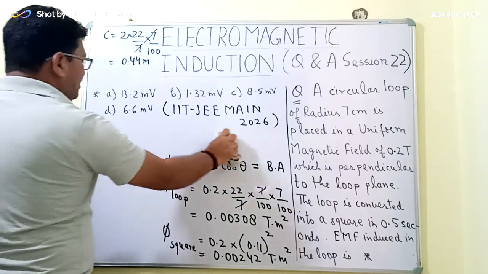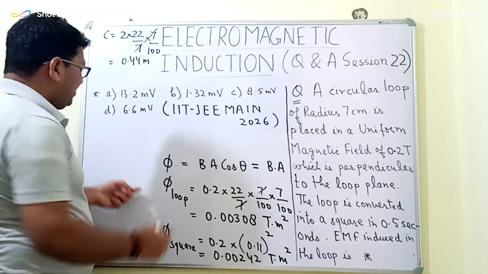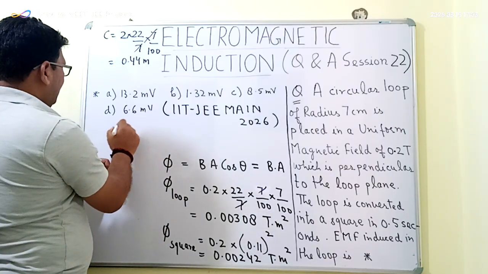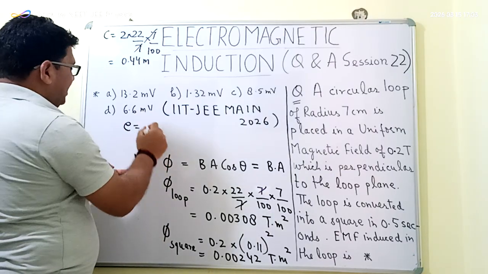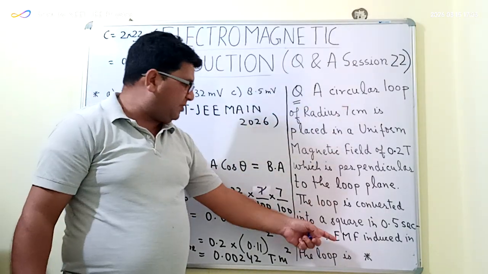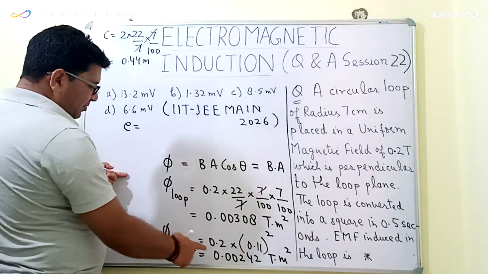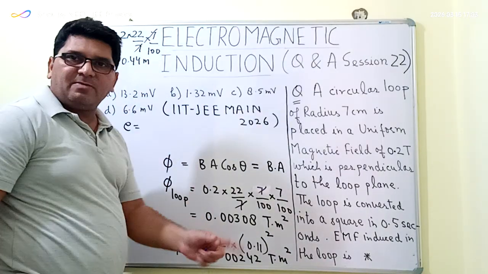Now we have to find this rate of change. Here induced EMF is equal to rate of change of magnetic flux. This circular loop is converted into a square in 0.5 seconds. So the rate of change of magnetic flux will be equal to the change in the flux divided by the time interval.